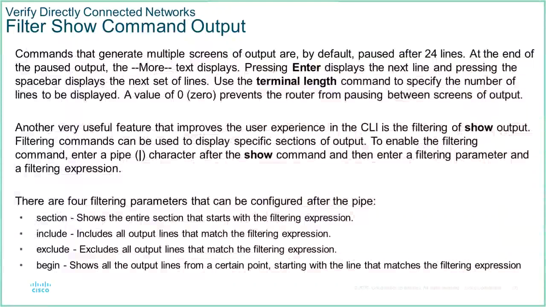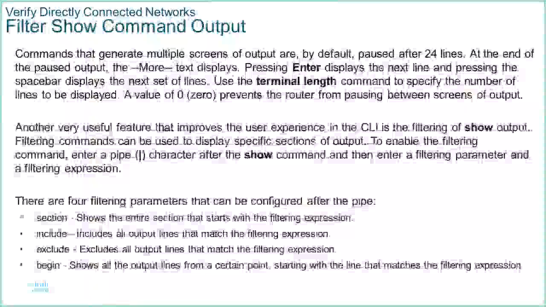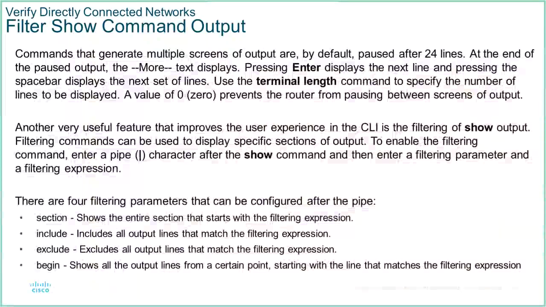You don't want to see all the running config every time you want to look at something. So you put these filters on, say, begin the running config display at a certain point. If you go show run begin route, it will only display things after the route command. So router protocols and things like that for IPv4 will be there.